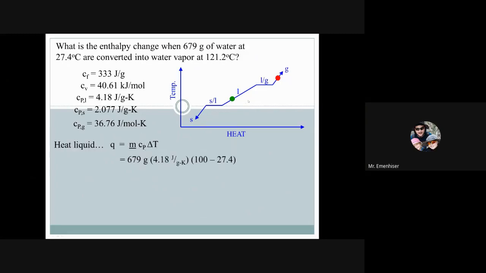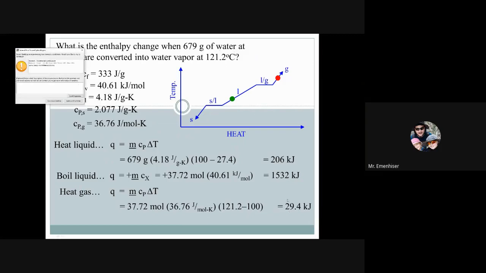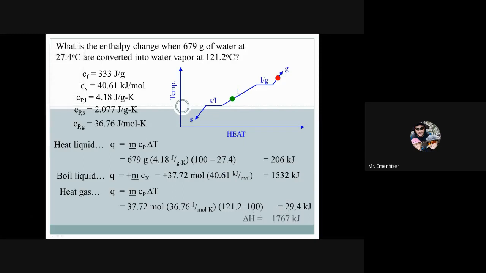We're going to use MC delta T for that, and then we are going to boil the liquid. So this is kind of similar to the example we just did. And then we add them up. Oh, then we're going to heat the gas, right? Because at 100, it'll turn into a gas. But if you want to get it to 121.2 degrees Celsius, you've got to heat it some more after. So this one is 3 steps. So that's our total delta H for that one.